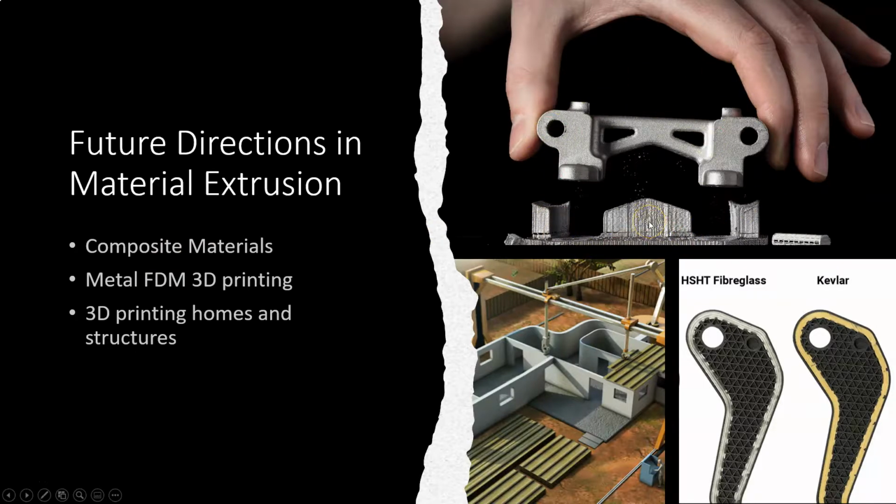So it's using the same principles of the fused filament fabrication of material extrusion process, but in this manner, what they've done is they've taken the filament and they've filled the core of the filament with metal, right? And so when you print, you're basically printing a plastic, right?